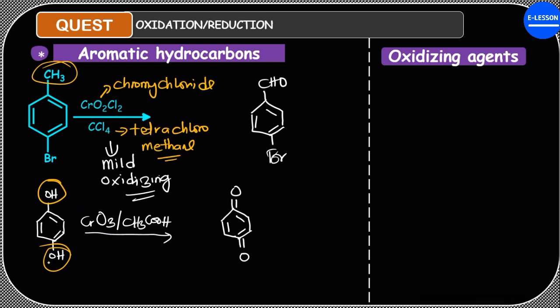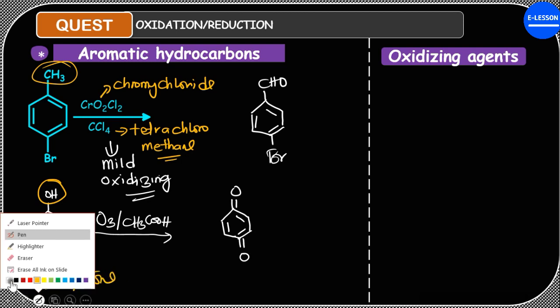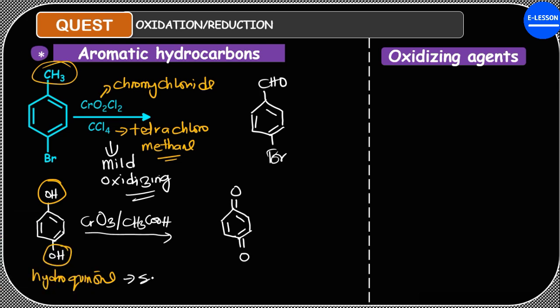Sorry, this is a ketone. And the reason why it is like that is because this hydroquinone, let me write this here, hydroquinone is a secondary alcohol. Alright, it's a secondary alcohol.